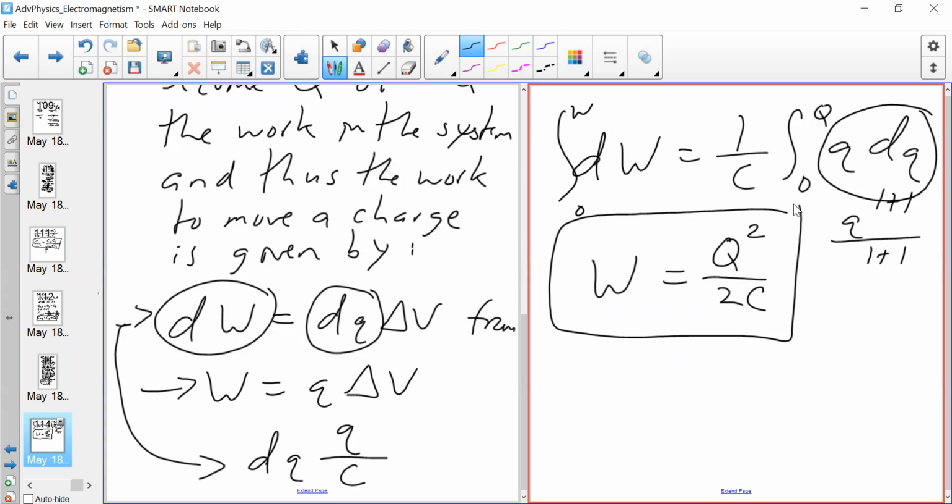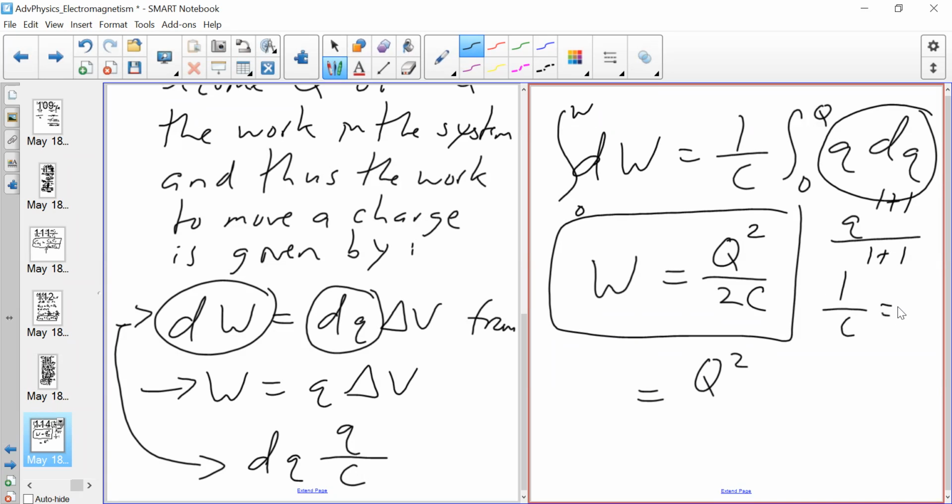C, we know, is Q over delta V, or 1 over C is delta V over Q. So we're just playing around with this.